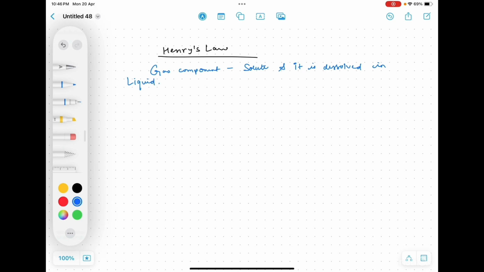So I'm making a diagram here in which this is the liquid phase, the liquid component, and we have dissolved the gas. Now what we are calculating is the amount of gas, if I'm assuming this shaded circle as solute particles, these are solute particles.